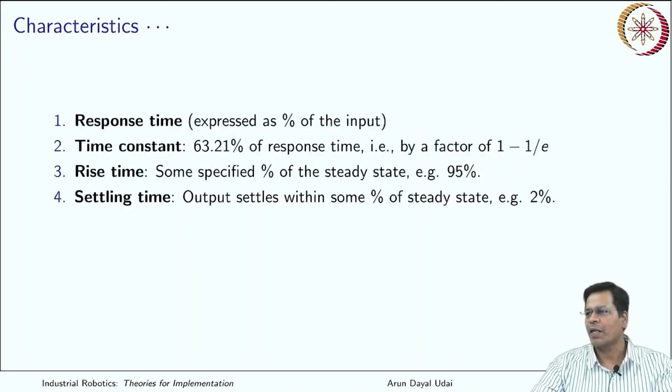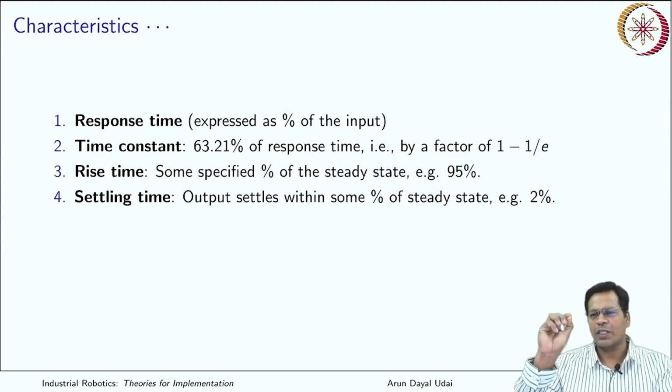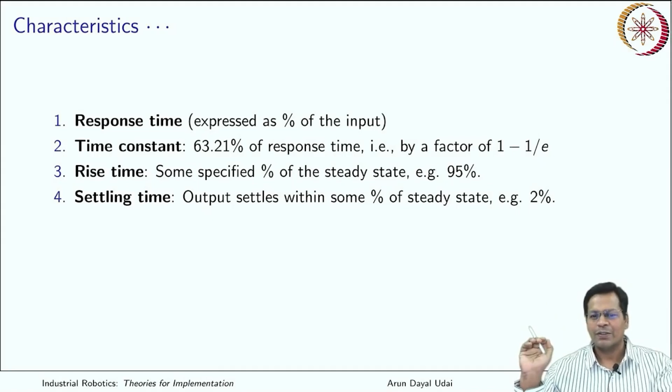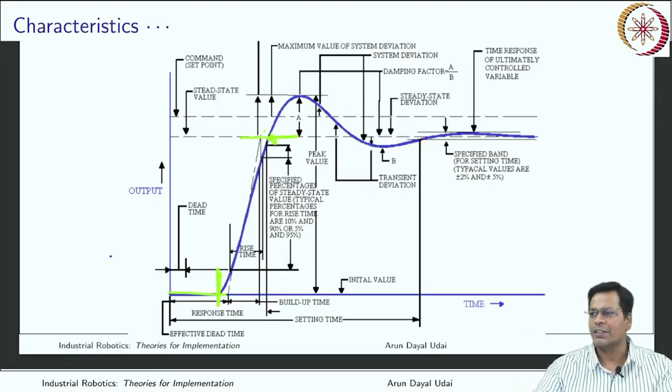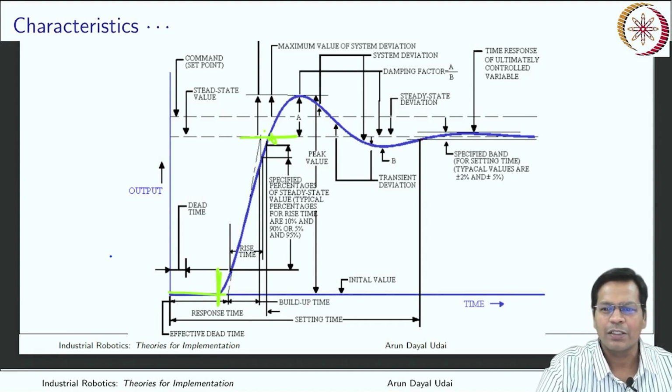Then comes the next parameter, the settling time. It is expressed as the output settling within some percentage of steady state, almost just 2% remaining, so it is almost steady. That is where it has almost settled, and it is specified somewhere in this region.